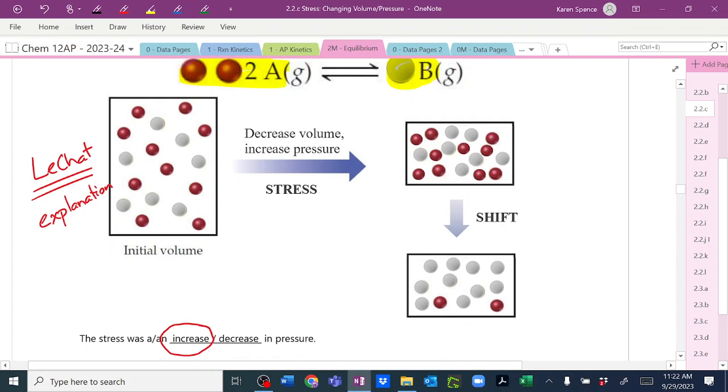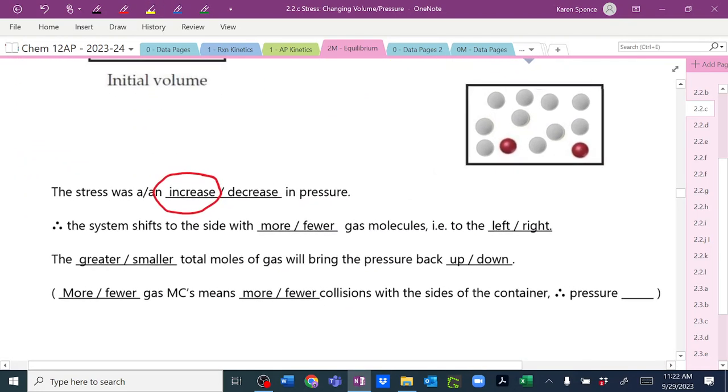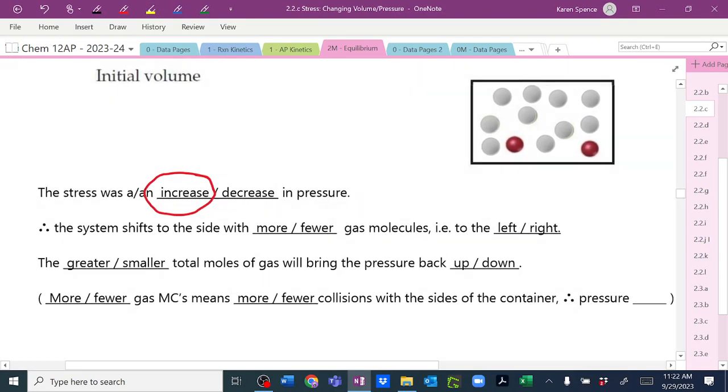So the stress was to decrease the pressure. What is going to happen? We want to minimize the stress, so the system needs to shift so that the pressure goes down. So there was an increase in pressure, so we're going to shift to the side with fewer gas molecules.